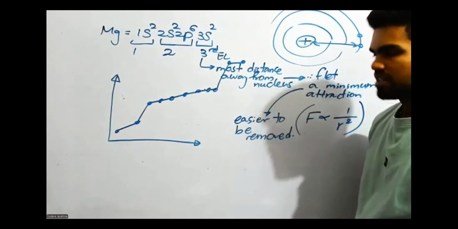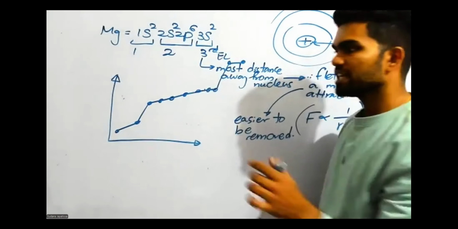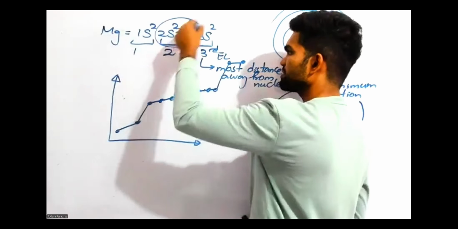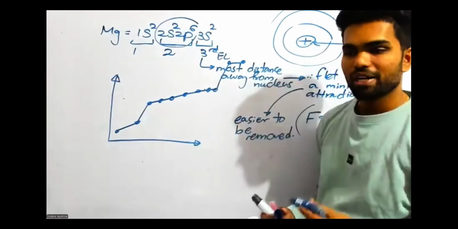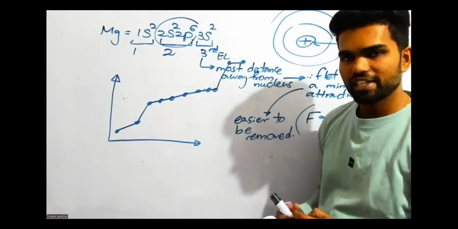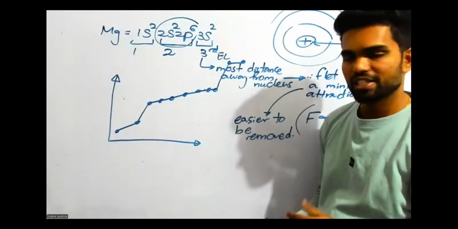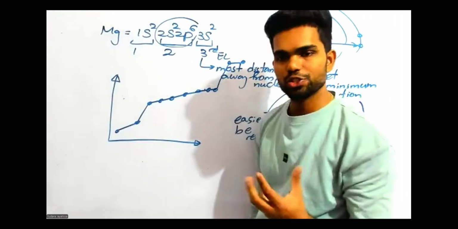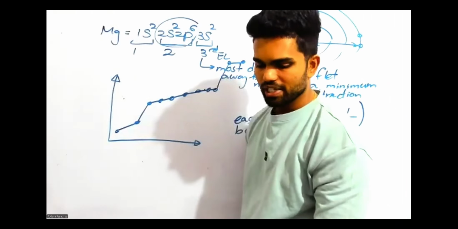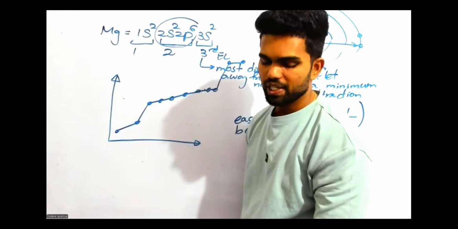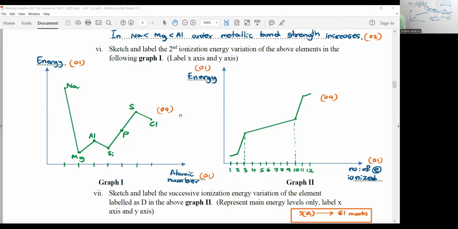You can expect small deviations among these 8 electrons also, but we are not expecting you to draw that in a graph because it's difficult to show such small deviations. But there will be a clear gap between energy levels.